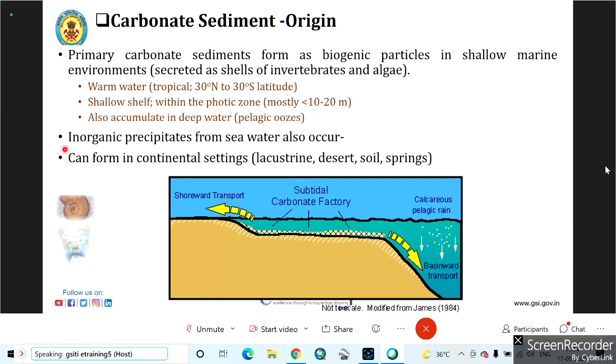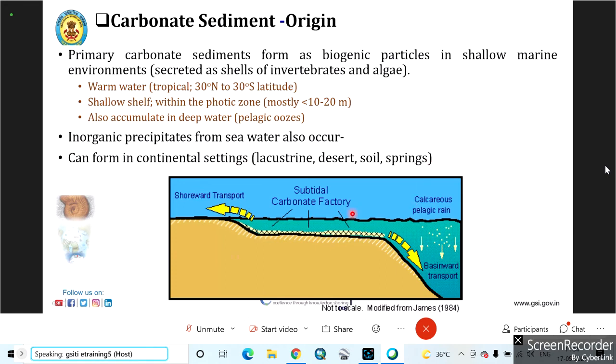It also precipitates by inorganic methods, directly from the seawater, and it can also form in continental settings, that is lacustrine, desert, oil and springs.